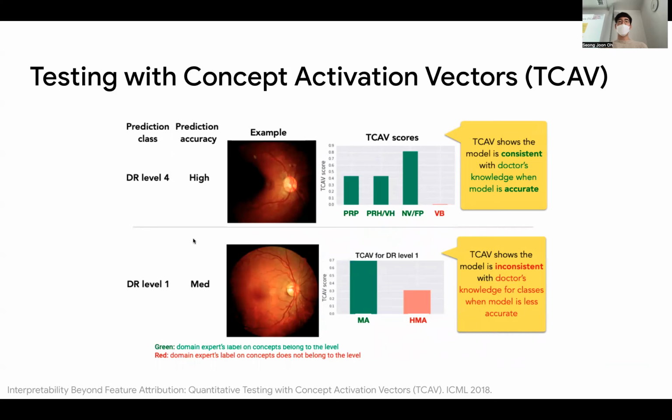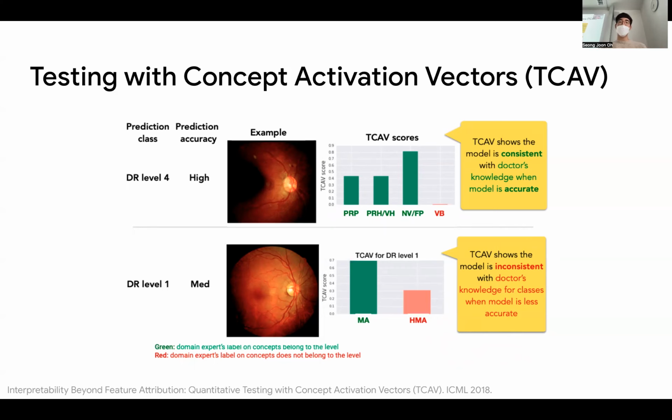You can also do the same thing for medical image analysis. For example, the TCAV score here is high for those three features, which are indicated by doctors as an accurate cause for your prediction. But in this case, the prediction was also depending on this HMA feature, which the doctors say is not a good feature to look at.